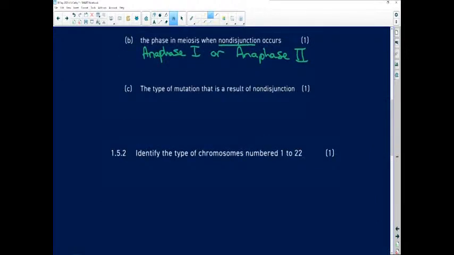Alrighty, then the type of mutation that results from non-disjunction, what are we going to call that? They want to know the type of mutation. There are only 2 types of mutations that you need to know. There's chromosomal mutation. Why? Because there's a problem with the chromosomes.